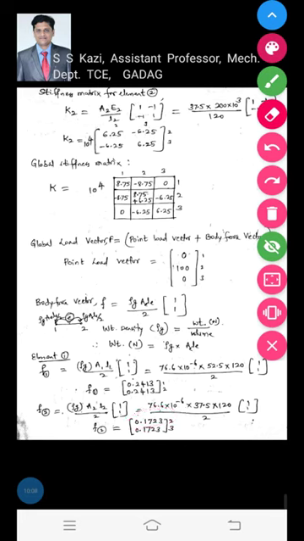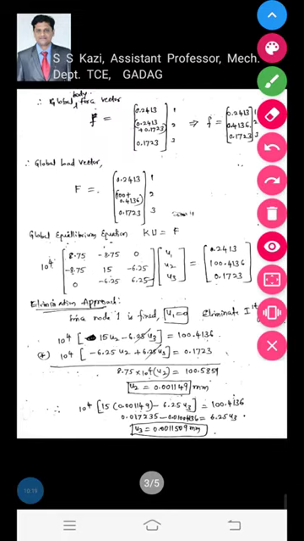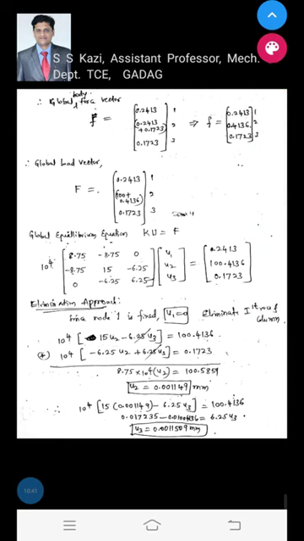We will add them up, and the third DOF number value is 0.1723. Hence we write the first DOF value 0.2413, the second DOF value 0.2413 plus 0.1723, because it is available in both body force vectors, and the third is 0.1723. Now if you add up, you will get 0.2413, 0.4136 and 0.1723. This is the body force vector.